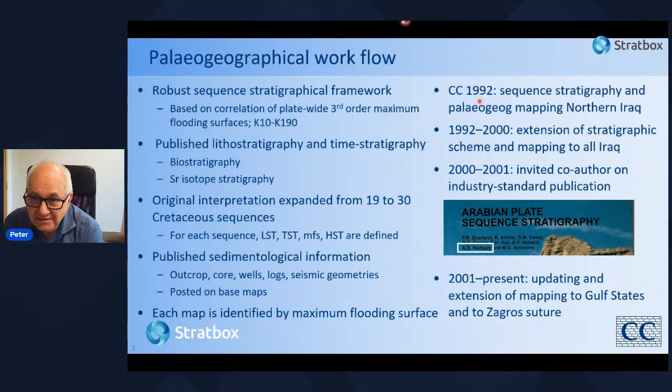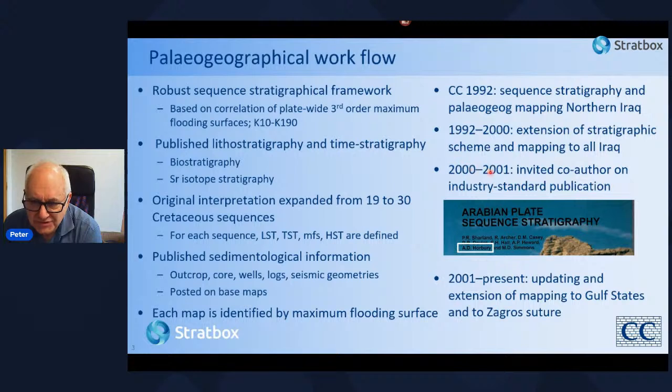Let me give you some history and workflow of how we construct these palaeogeographical maps. In 1992, Cambridge Carbonates undertook a sequence stratigraphic and palaeogeographic mapping of northern Iraq. In the period 1992 to 2000, we extended this stratigraphic scheme and this palaeogeographic mapping to all of Iraq.